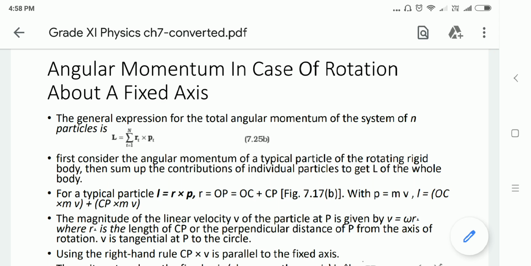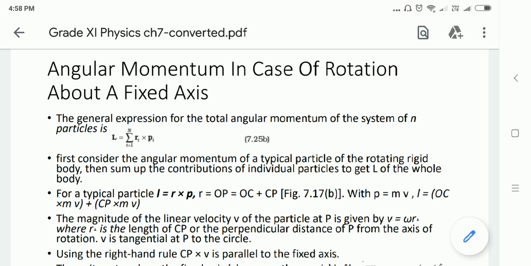So here we are having omega into r perpendicular component. r perpendicular is the length of CP, or the perpendicular distance of P from its axis of rotation, and v is the tangential component at point P of the circle.